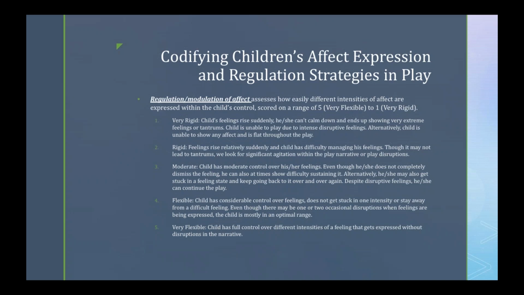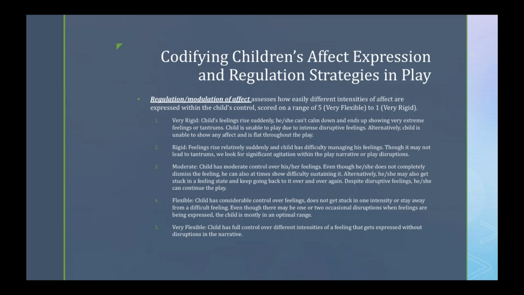And when coding this category, it's good to ask yourself these questions. How does the child show different intensities of the same affect? For example, let's say one moment the child is annoyed that he can't find the toy he wants. The next moment he starts to tantrum and can't stop himself. So this is clearly a child who can't regulate his anger and it escalates beyond his control.